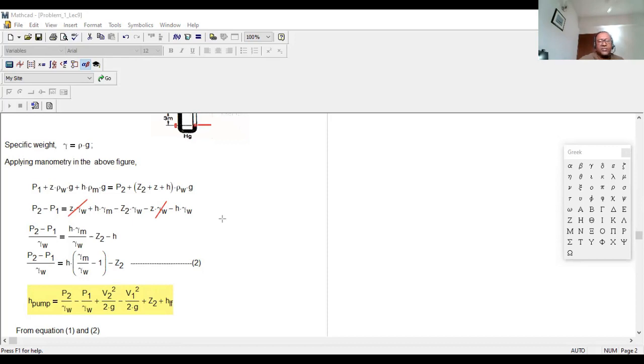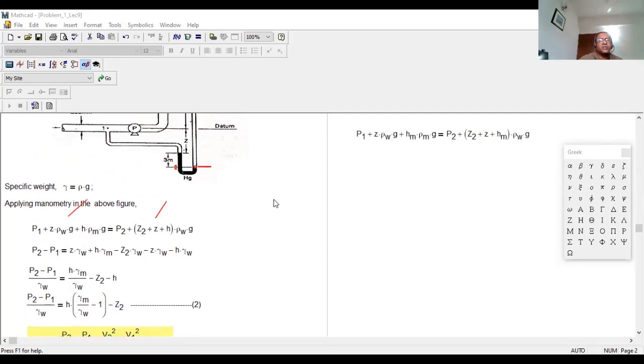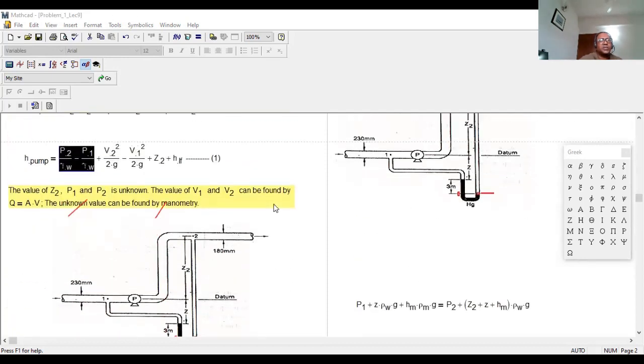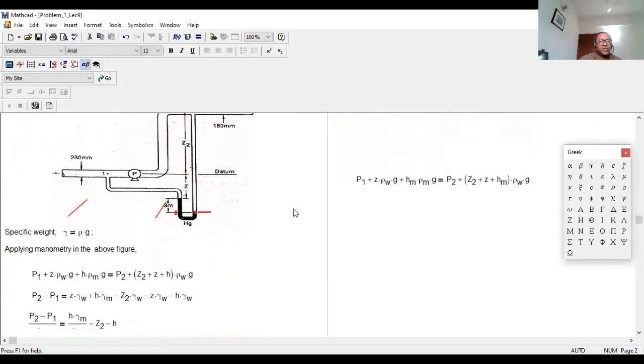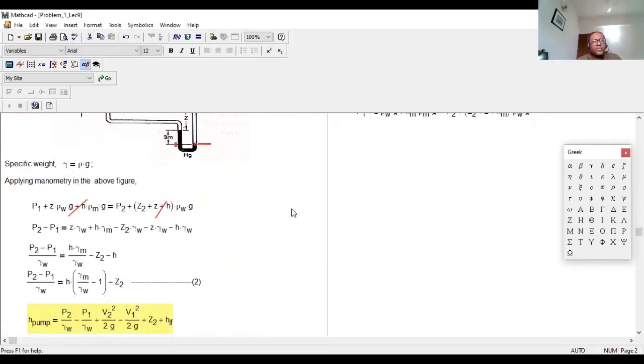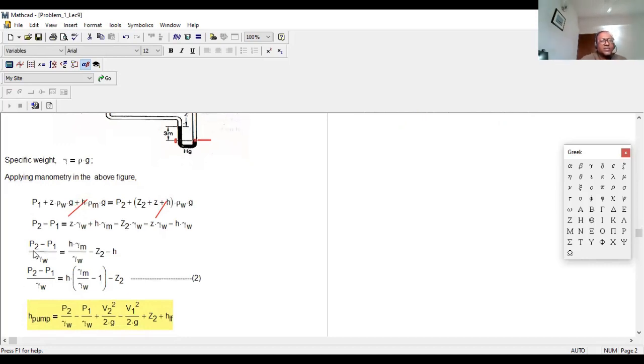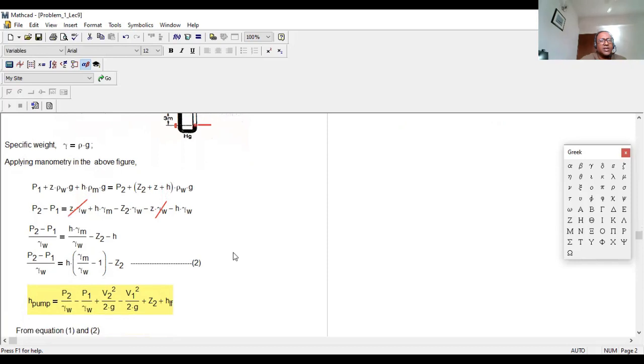Now divide both sides by gamma W. Why? Because in our equation, it is P2 minus P1 divided by gamma W. So right over here, this term will be out. Z gamma W, Z gamma W. Both sides divided by gamma W.